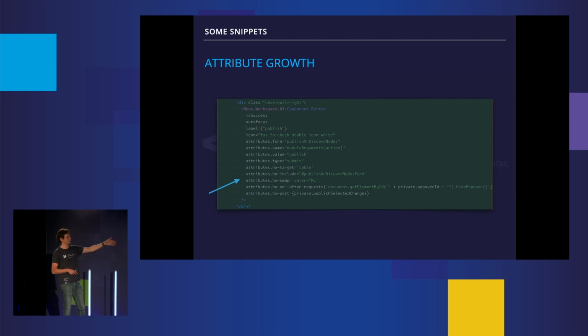Then we want to include the form fields, and we want to swap again. And then after the request, we have a bit of inline JavaScript that tells the browser to close the current dialog we have open, because, I didn't say that, it's the publishing dialog.